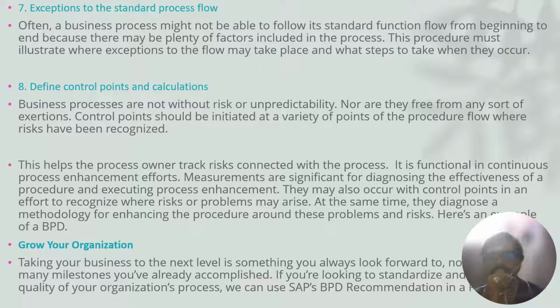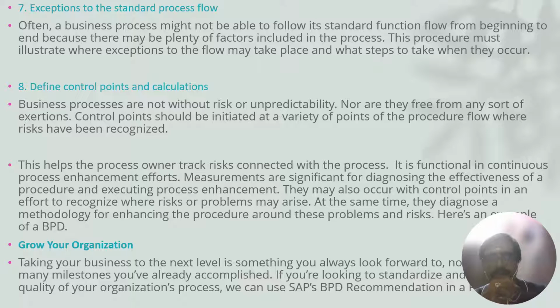It is functional in continuous process enhancement efforts you need to encounter. Measurements are very significant and critical for diagnosing the effectiveness of a procedure and executing process enhancements, right? They may also occur with control points in an effort to recognize where risk or problems may arise. At the same time, they diagnose a methodology for enhancing the procedure around these problems and risks.